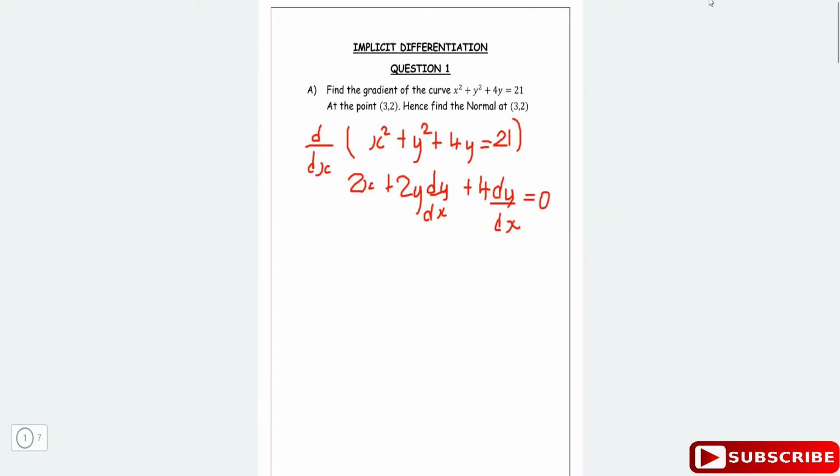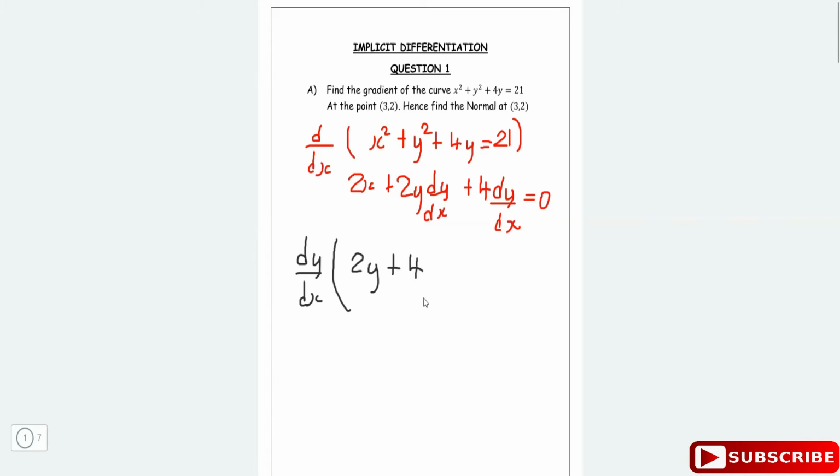Now you need to make dy by dx the subject. Bring the 2x over and factor out dy by dx from those two terms, and I'm left with 2y plus 4 multiplying dy by dx.